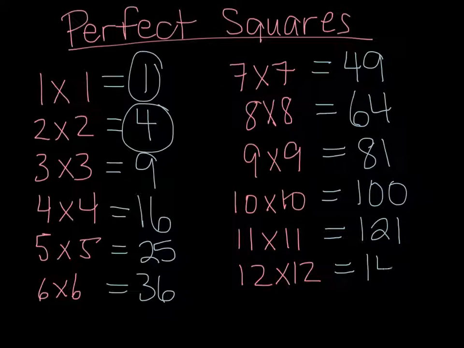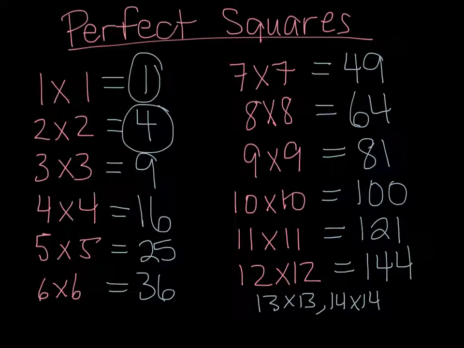And 12 times 12 is 144. You could continue this list by going 13 times 13, 14 times 14. Any number that is a product of the number multiplied by itself will give you a perfect square.